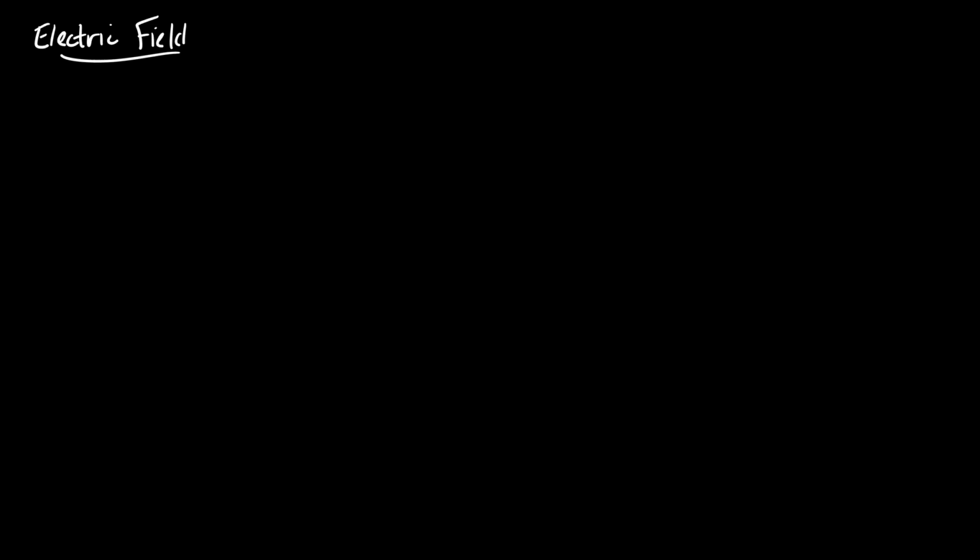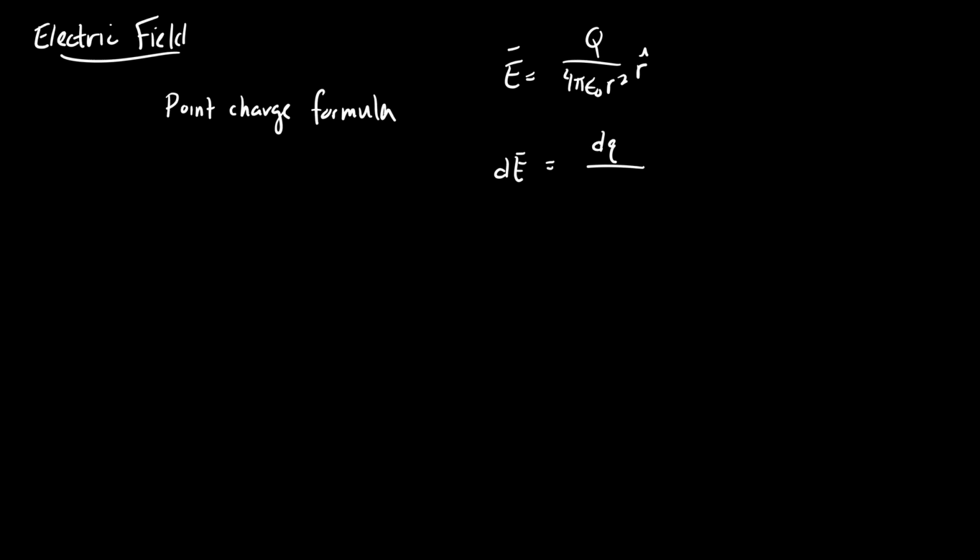One way to find it is to use the point charge formula. And when I say that, I mean either the electric field equals q over 4 pi epsilon naught r squared in the r hat direction, or a piece of the electric field is based on a piece of the charge.